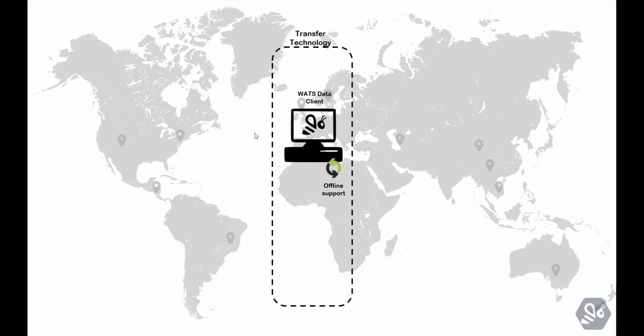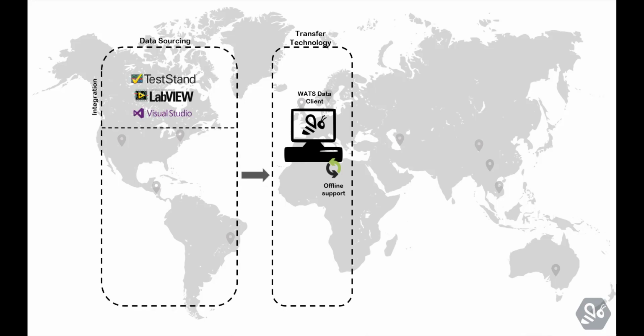Okay, so on the left-hand side, we need to connect to your test system in one way or the other. So how do we do that? First option is to integrate it into the actual test software. Here are some examples.